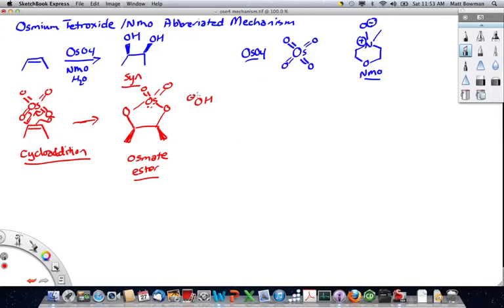The way this OH minus works is it adds to the osmium, and the electrons from the osmium-oxygen double bond go up onto the oxygen. Remember this motif well of an oxygen adding to an atom that's double bonded to an oxygen, and the lone pair, the pi bond to that oxygen ends up going onto that oxygen.